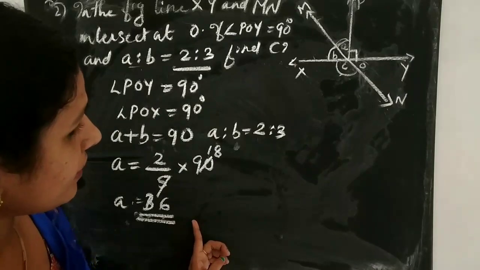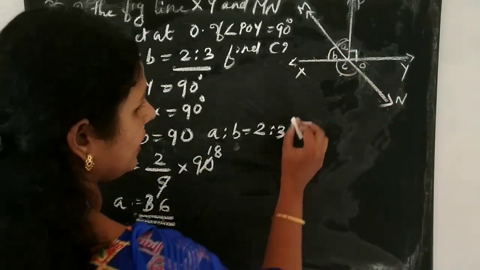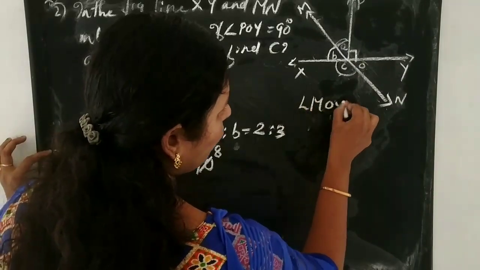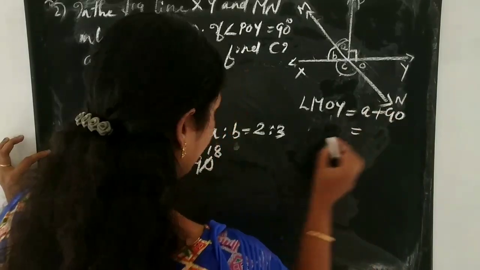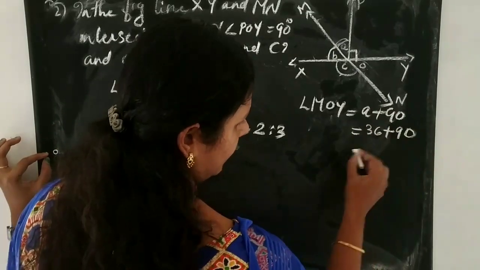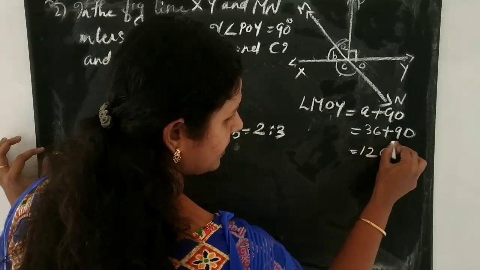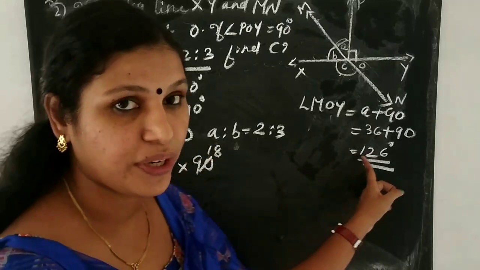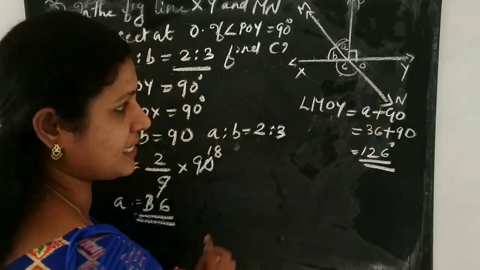Now we need this MOY, isn't it? Here angle MOY is A plus 90 degree. Here A is 36, so 36 plus 90 is 126 degree. Angle MOY is 126.